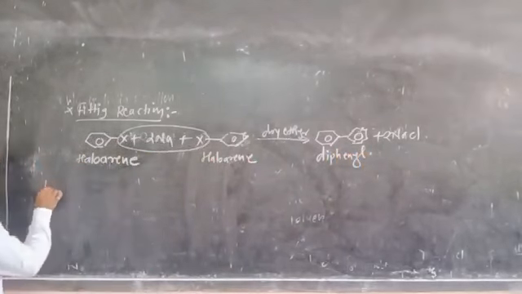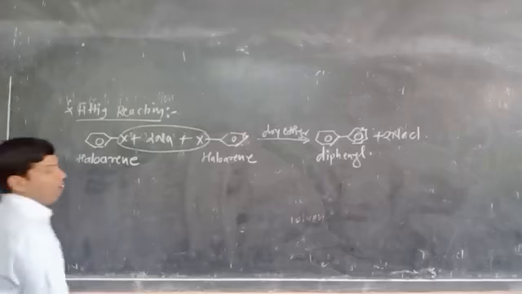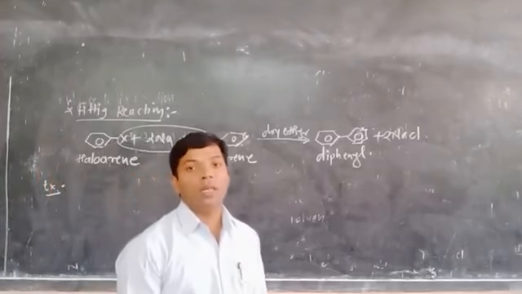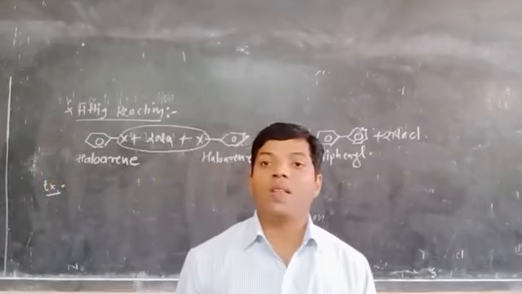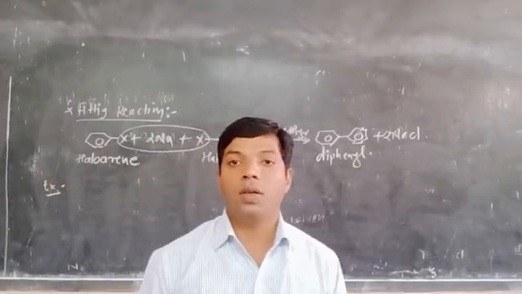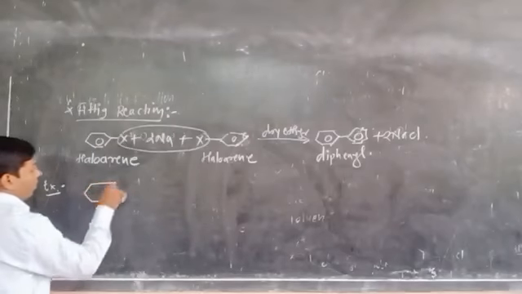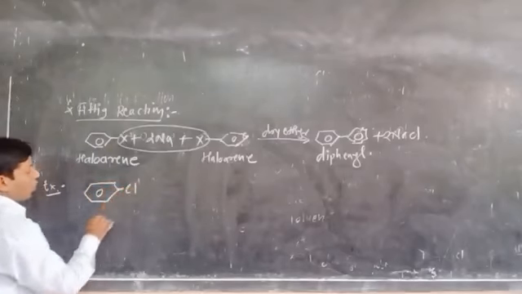So I will write the example. In the example, I will take two molecules of chlorobenzene treated with sodium metal in the presence of dry ether. It gives diphenyl as a product. This is called chlorobenzene.